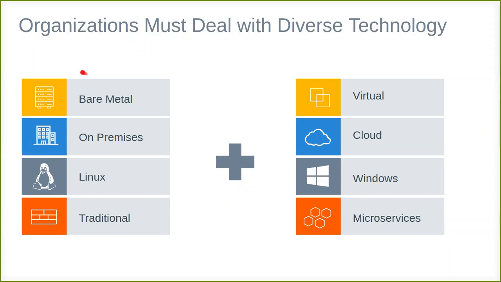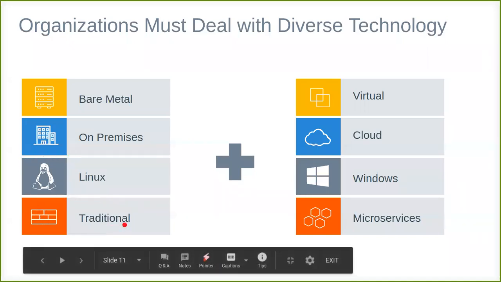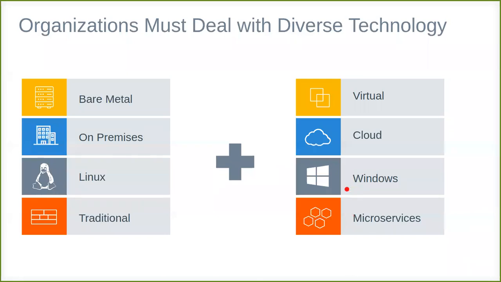So there are a lot of things in between, like OS, on-premises and the traditional approach, and then we have some latest things like virtualization, cloud, Windows as a new way of deployment on our servers, and microservices. These are the various diversities we have.